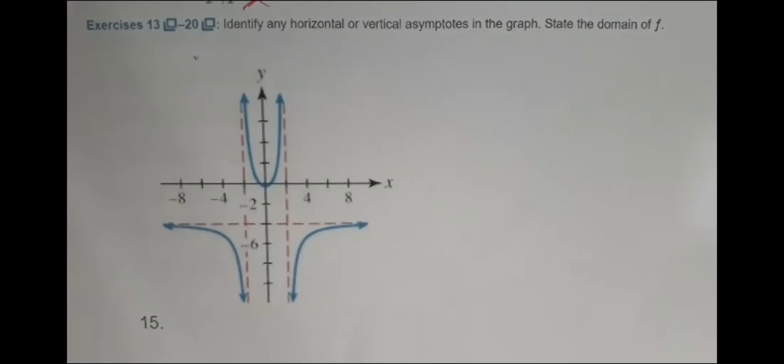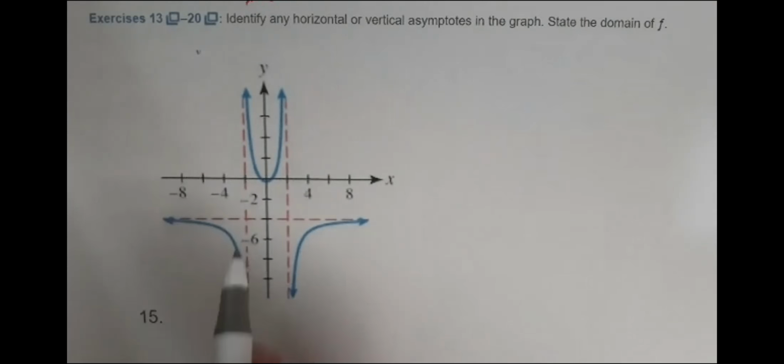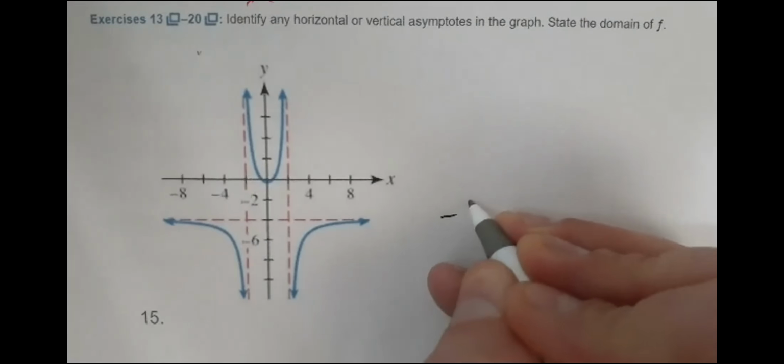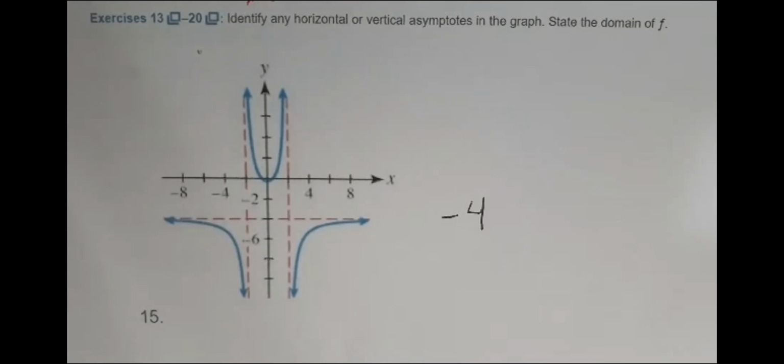Okay, this one: identify any horizontal and vertical asymptotes in the graph and state the domain of f. I hope you can give me these equations by looking at a graph. If I'm looking along here, I'm getting the value of -4 here. But what's the equation of this asymptote?